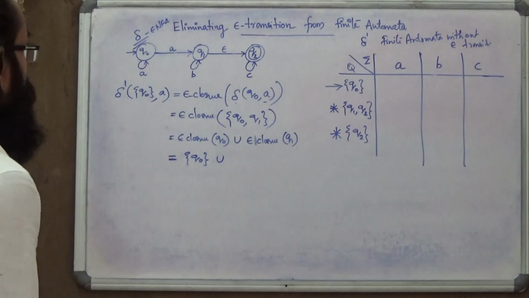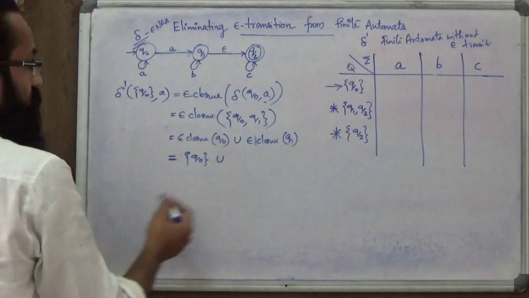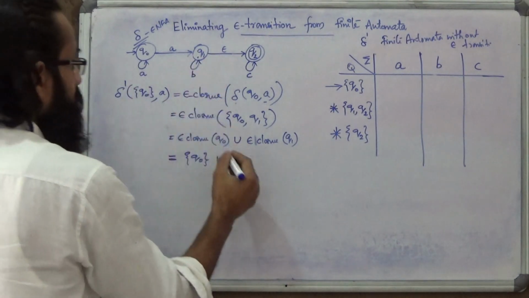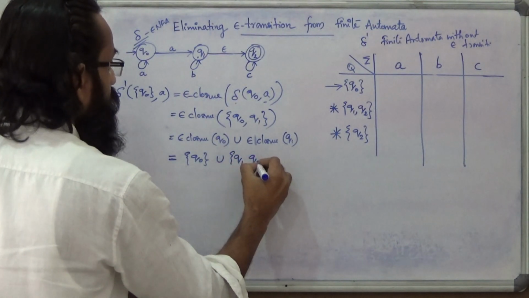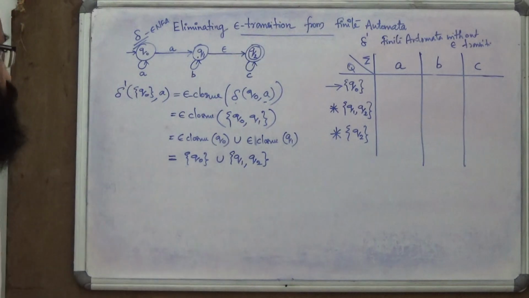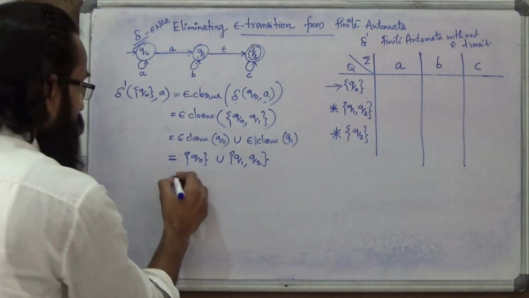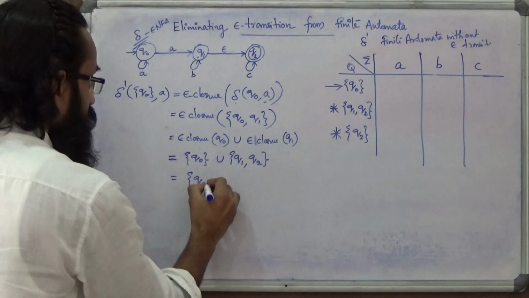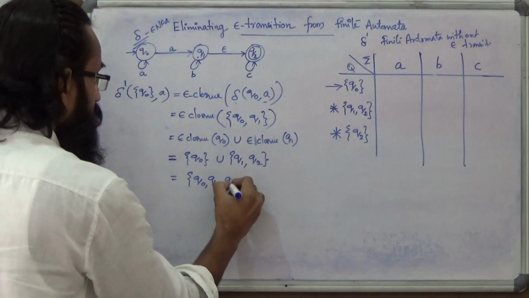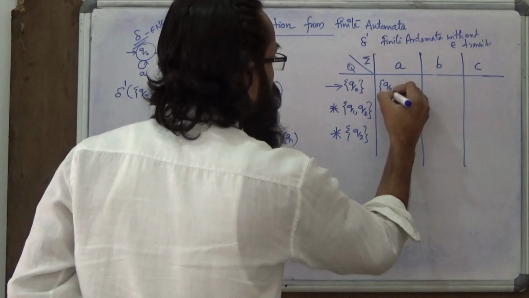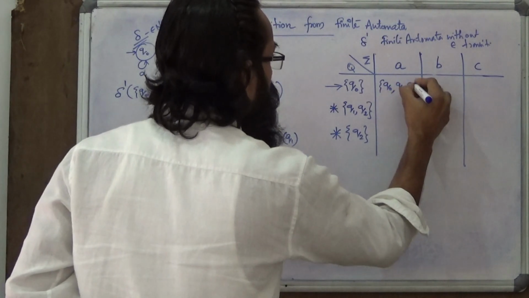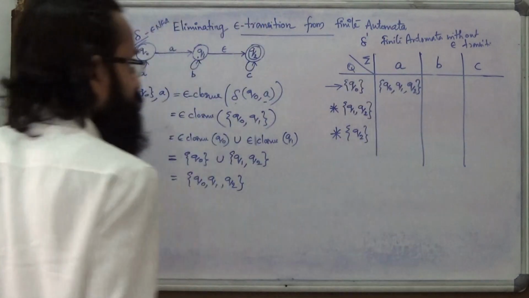Union epsilon closure of Q1, which is Q1, Q2. So this will be equal to the set Q0, Q1, Q2. So you are getting the set Q0, Q1, Q2.